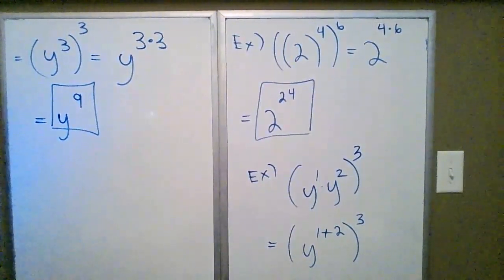The next one is called the distributive property, or the distributive property of exponents.